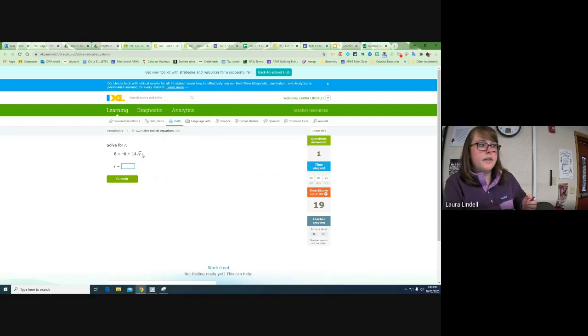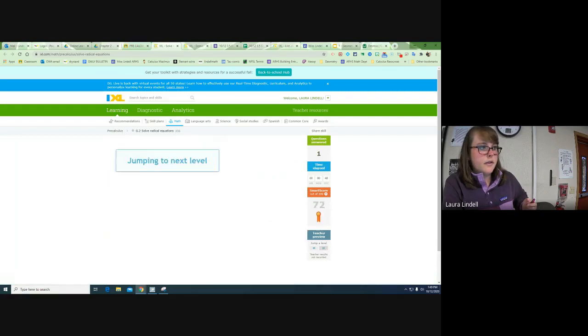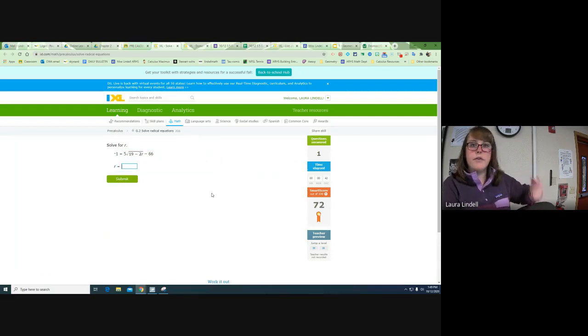But then we end up with things like this where you do have to add 6 to both sides before you do anything. Or things like this where there's more than one thing underneath the radical. So as you go, it just kind of increases in number of steps.